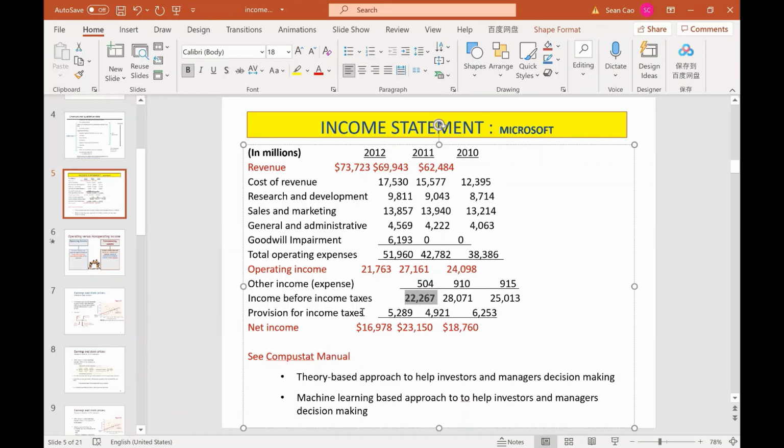So what's the idea? Once you have the $22,260, why do you want most of the number to come from the operating income, the primary business? Why do you not want the number to come from the company's side business, like stock investment? The one reason I want to tell you guys is persistence.